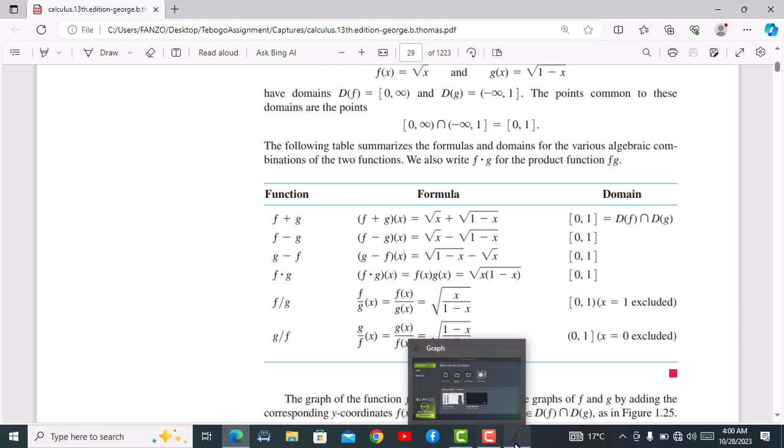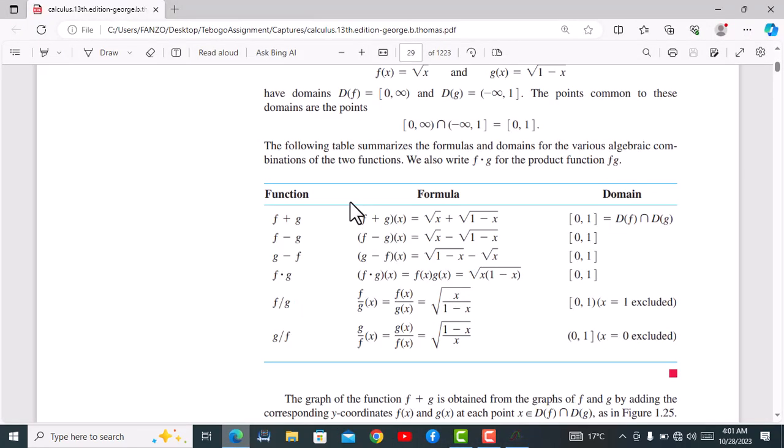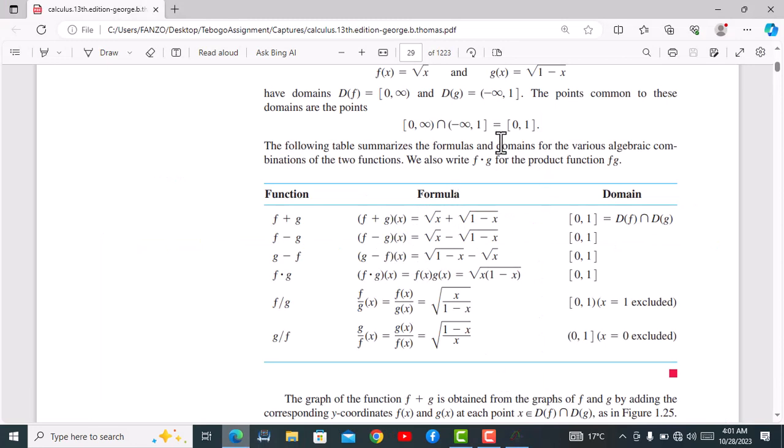So these two functions have domains. The domain of f is 0 to positive infinity. Let's see, this is correct. And the domain of g is negative infinity to 1. Let's verify that. There it is.